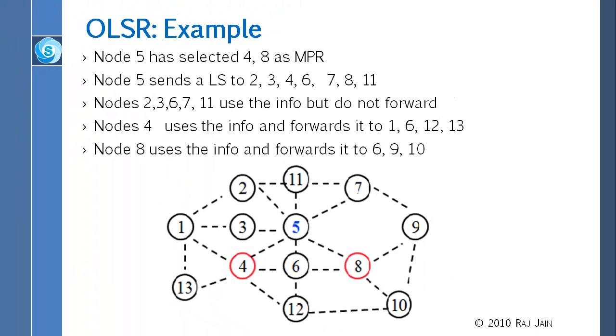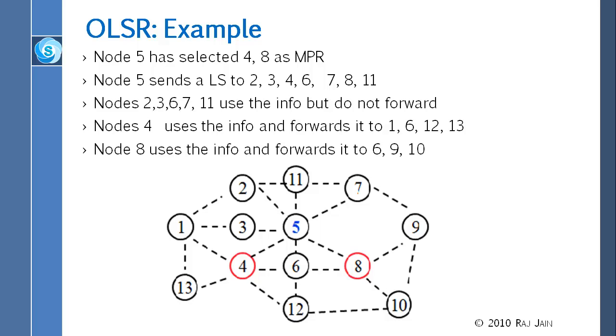Now let's see. Actually, we have an example that makes it clearer. I am going to hold on to the questions until this example is done. So here is a node 5, which wants to send the routing information to the whole network, right? 5 has a total of 7 neighbors. We can see that they are 2, 3, 4, 6, 8, 7, and 11. Those are its neighbors.